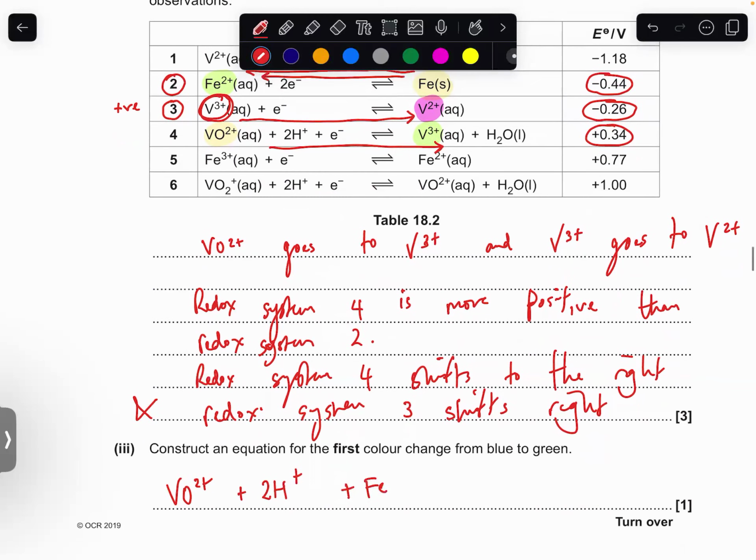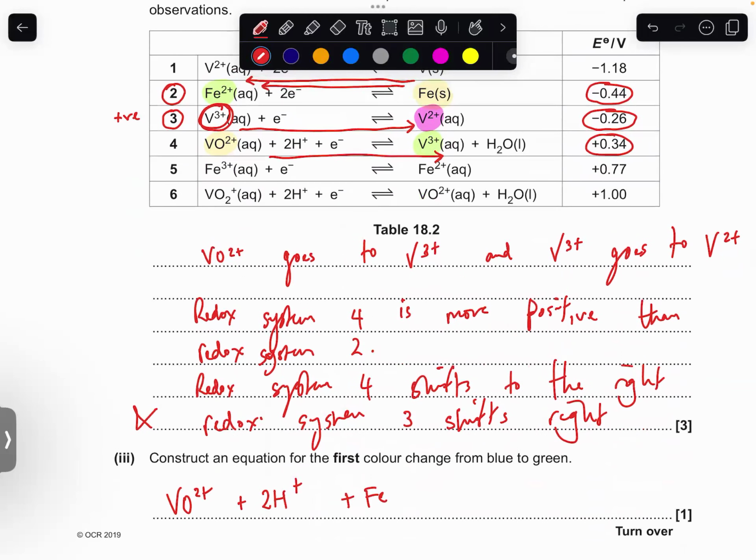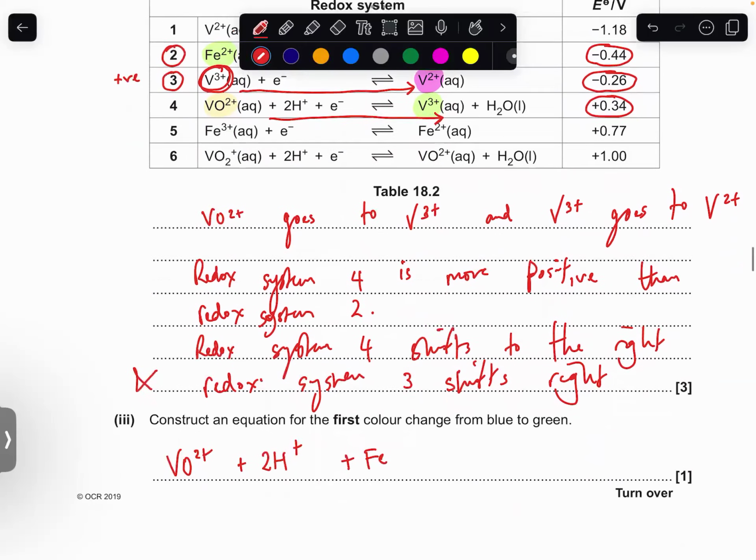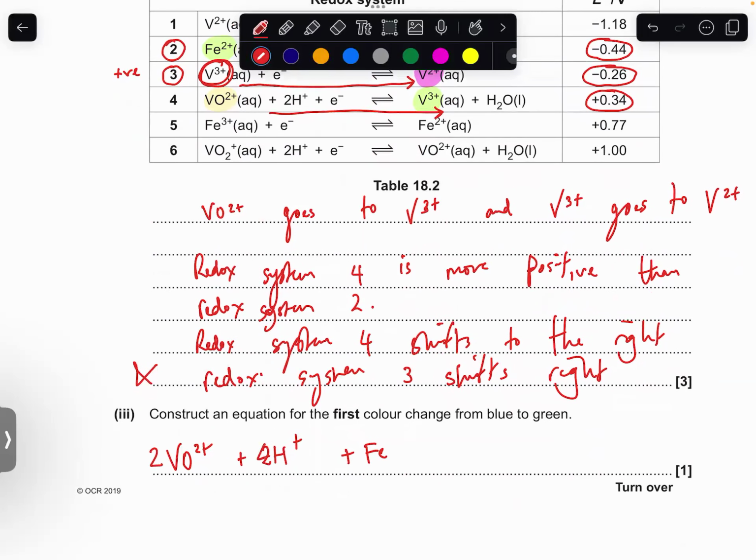Iron produces 2 electrons, so we're going to need to double this up: put a 2 there and a 4 there. That goes on to give you Fe2+ and some V3+, remember we're doubling that, and some water, 2H2O. Yep, and the mark scheme supports that.